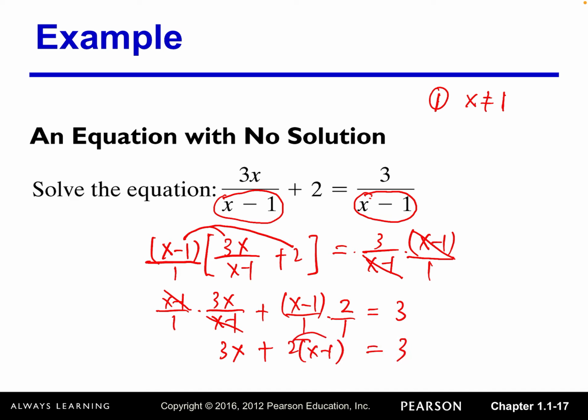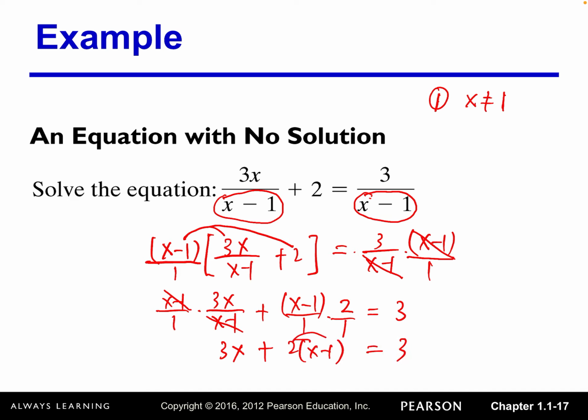These two combine, 3x plus 2x. I don't have space, so I write on the top, so that's 5x minus 2 equals 3. And then both sides add 2, so I get 5x on the left, and 3 plus 2 equals 5 on the right. And then multiplication principle, both sides divided by 5, and then I solve x equals 1.